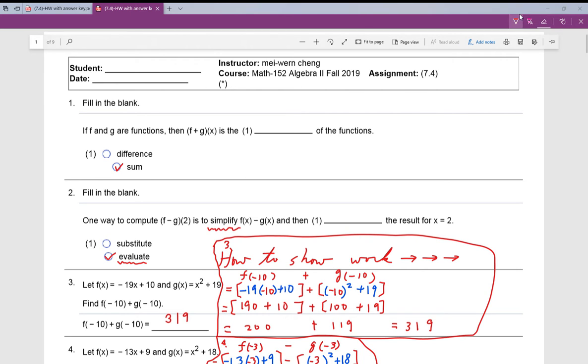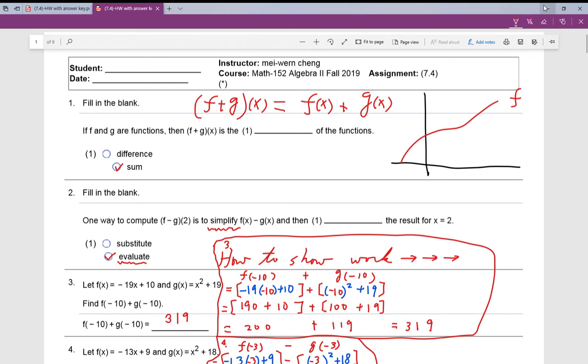Now, addition, subtraction: f plus g, input x, is basically the same as you input the x to the function f and plus you input x to the function g. Okay, so if we talk about the graph, if you have function f and the function g, how do you add them together?